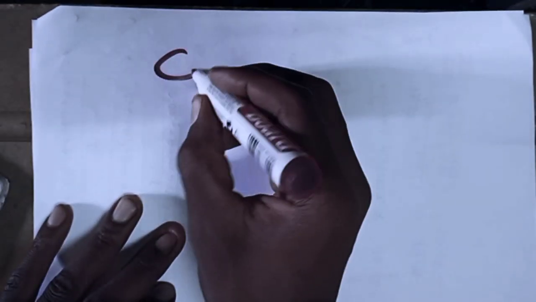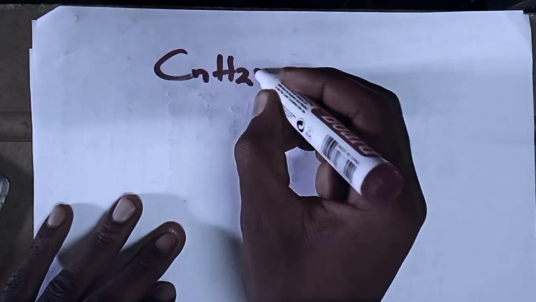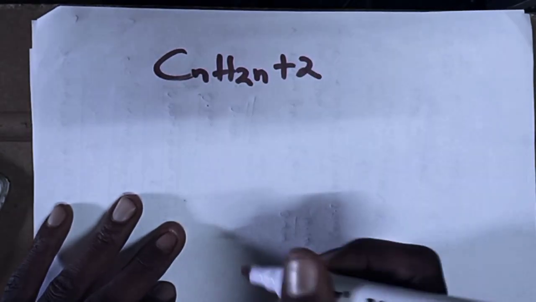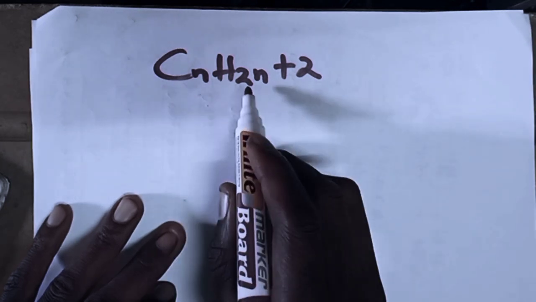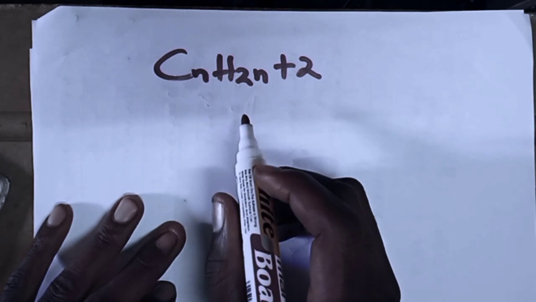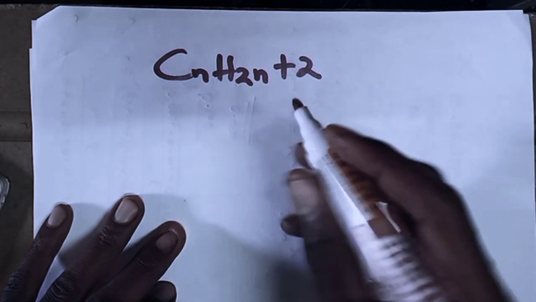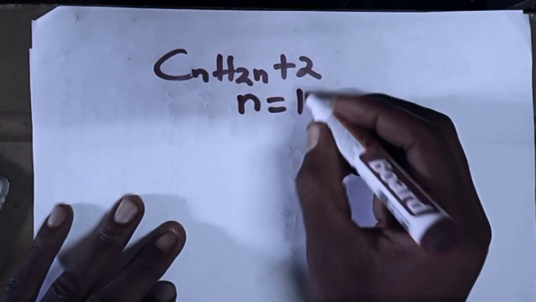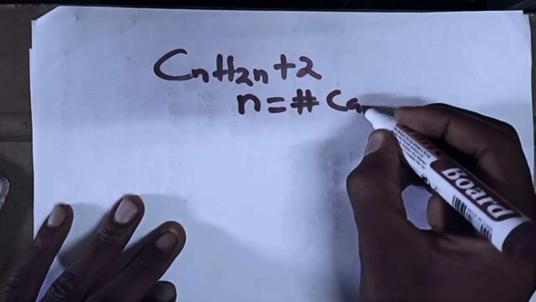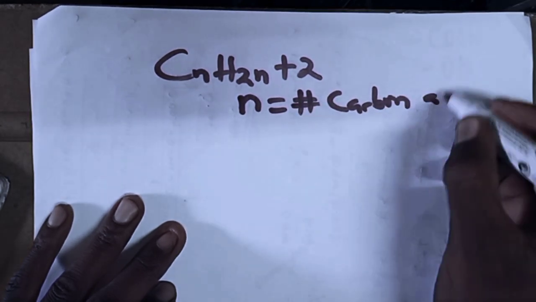The first thing we'll look at is the general formula for alkanes, which is CnH2n+2. What is the meaning of this n? The n simply means the number of carbon atoms in that alkane.